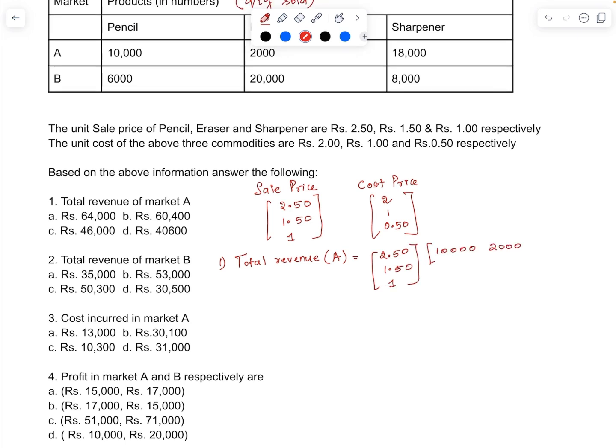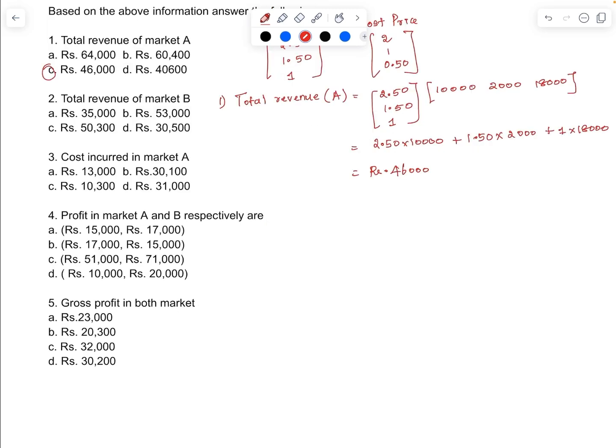Quantity is 10,000, 2000 and 18,000. 2.50 times 10,000 plus 1.50 times 2000 plus 1 into 18,000. So each commodity is multiplied by its respective selling price. On calculating this, we get rupees 46,000. Answer is C.